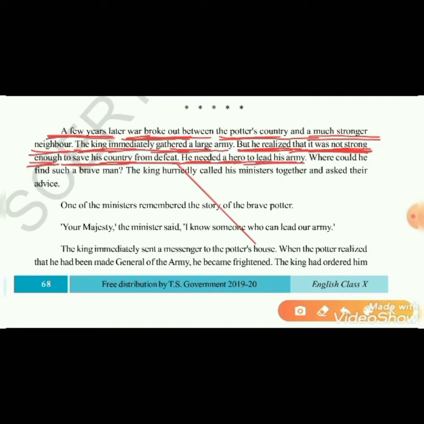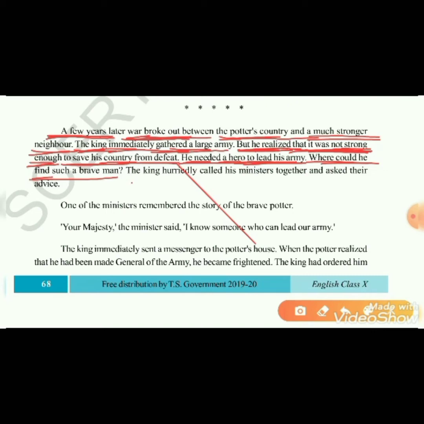Now, what happened? Which country's army is very powerful? The neighboring country. Who knows that the army is very weak, and that winning over the neighboring country is not possible? The potter's country's king. What was the need of the potter country's king? A hero. Why does he need a hero? To lead his army. And what did he do?